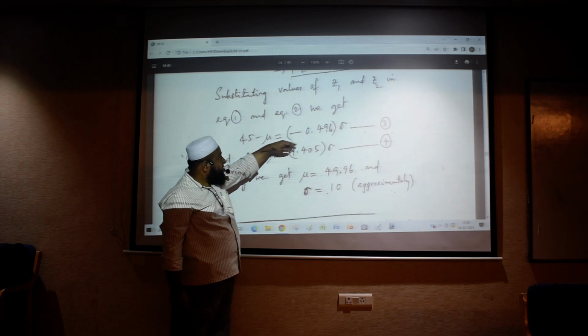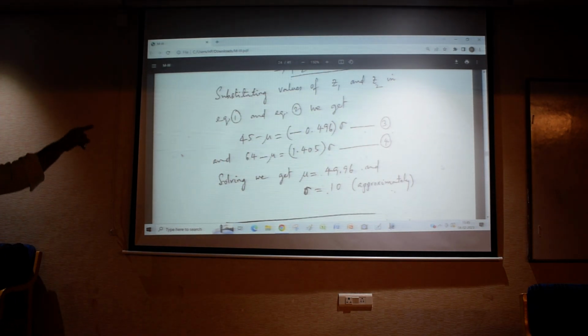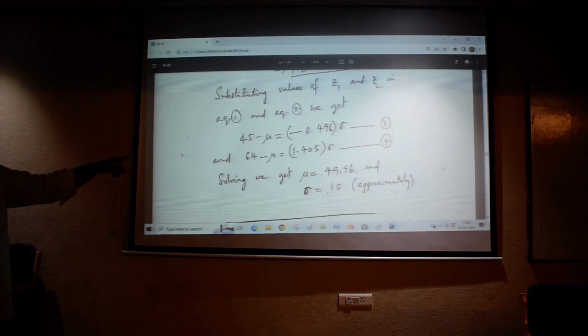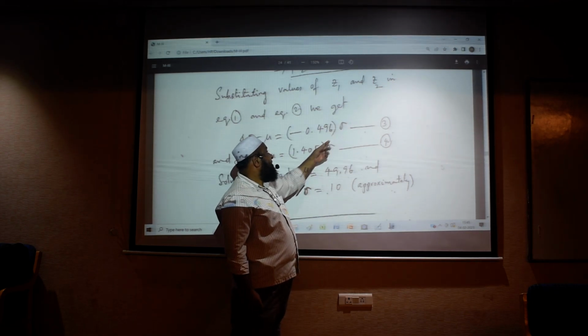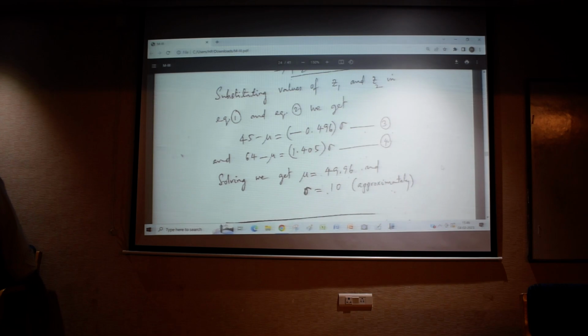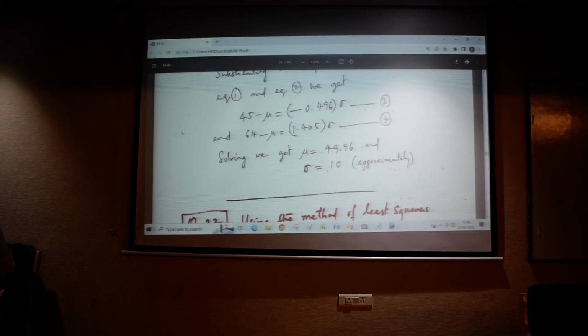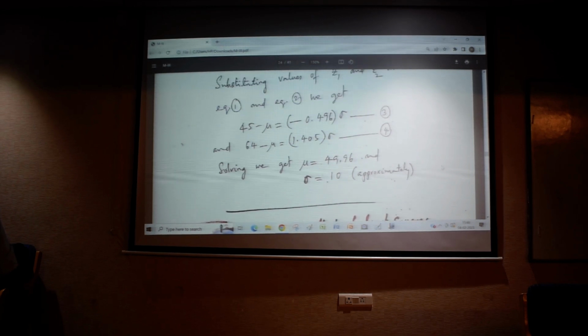Simplifying, first the sigma value will come, because cancelling this mu, sigma will come. Substitute that sigma, then mu will come. Either use the first equation or the second equation. Solving, we get mu as 0.4996 and sigma equal to 10 approximately.